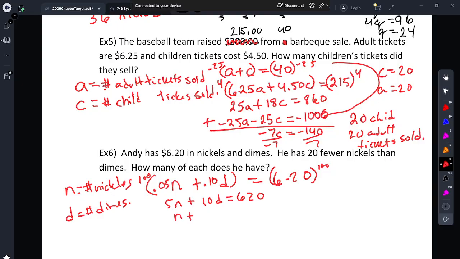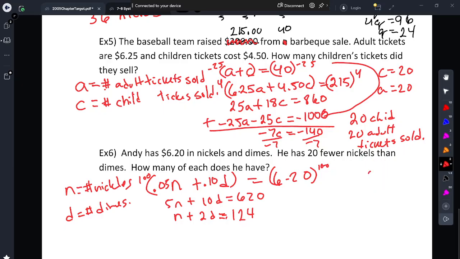So we get n plus 2d equals, divide by 5, 620 divided by 5 is 124. Can someone check my math? 124 times 5 is 620. Yeah, there we go. All right, cool.